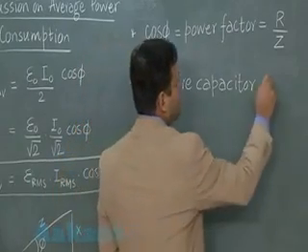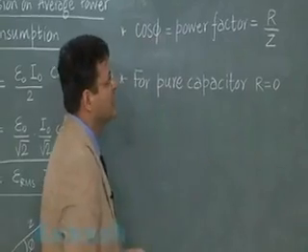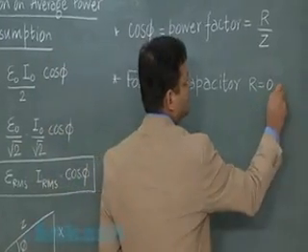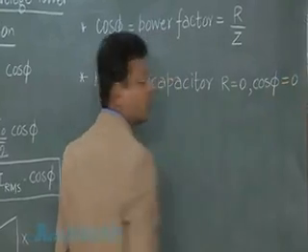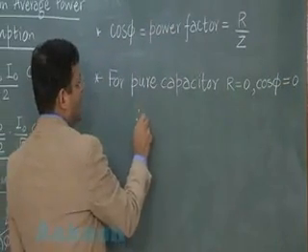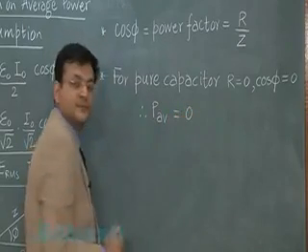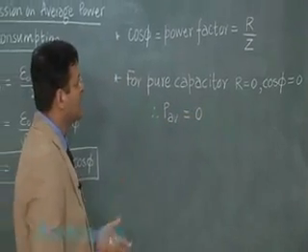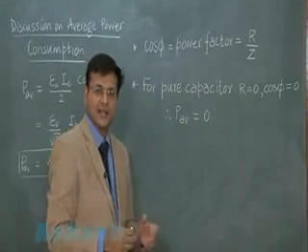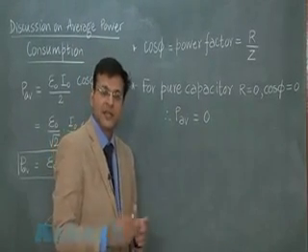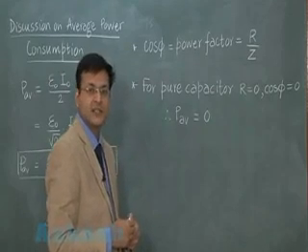So for a pure capacitor R is equal to 0. Once again you can say the power factor is 0. Therefore the average power consumption is equal to 0. And you can say, for that matter, inductor and capacitor are called wattless elements, because the average power consumption over such devices is 0.